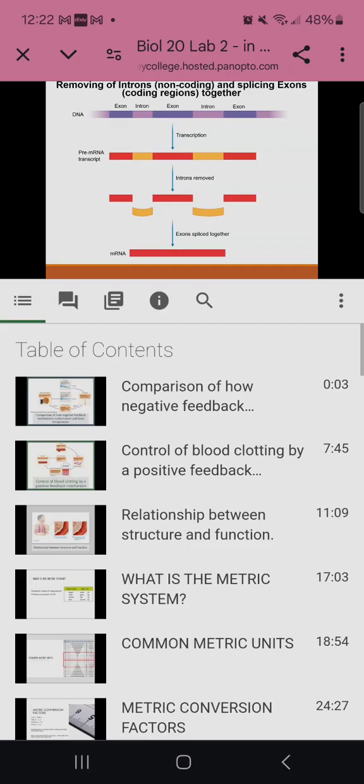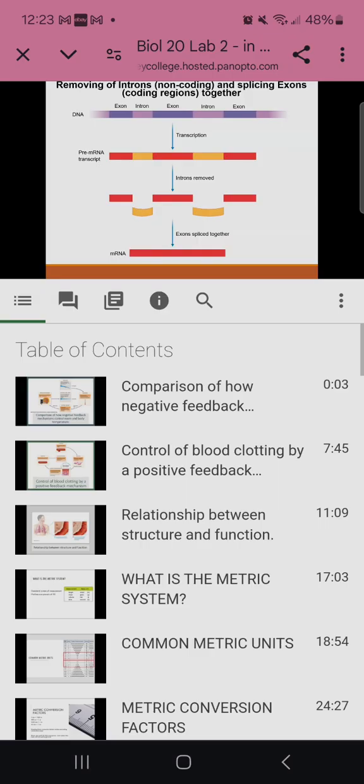By the way, there's a condition that I just learned about. I'm not going to go into details because we don't have to know it. Now it's the time where we can do genetic tests, and people might be missing an exon. Let's say on chromosome number 9, exon number 8, which is a coding sequence.